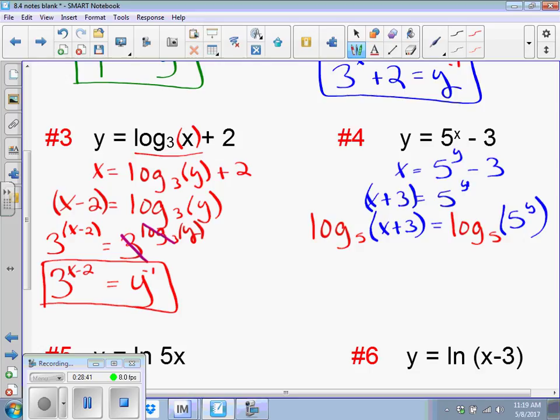What happens? The log base 5 of 5 cancels, leaving me with just y equals log base 5 of x plus 3.